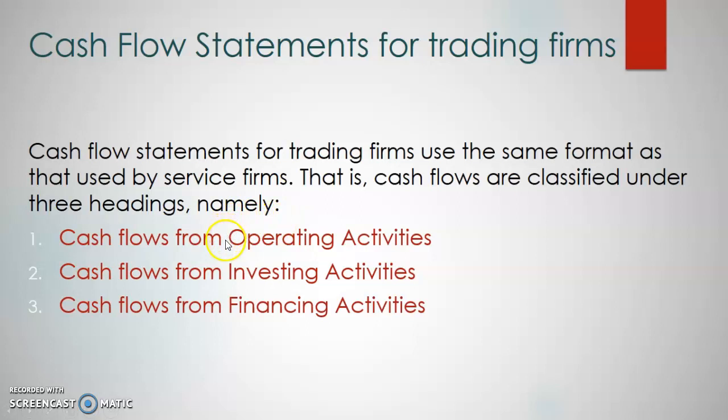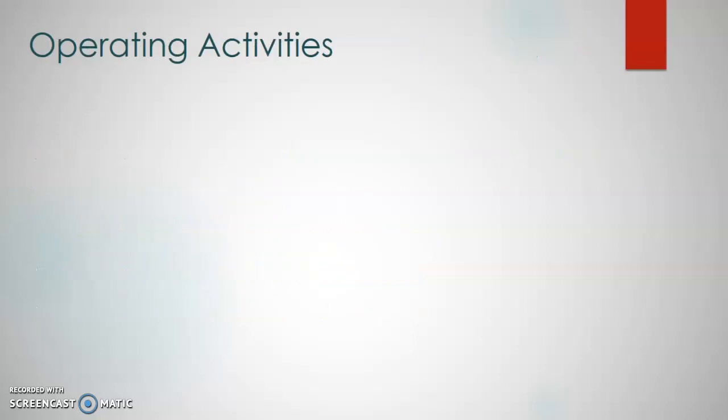Operating activities are the day-to-day activities of any business. Investing activities, again, is when we invest money in a non-current asset. And financing activity is again putting in capital, taking out loans, stuff like that. So let's go have a look at some examples.